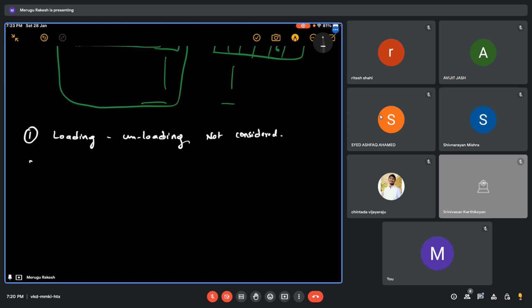The second one is that once a job is loaded into the machine, we should not take it and use it for some other job. We have to wait till the completion of that particular job. That is the assumption that we are making while doing all these things.